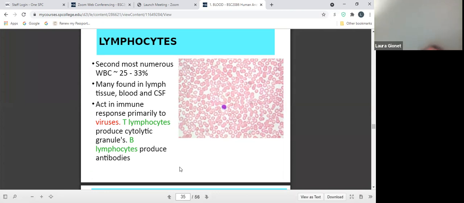We'll get into more of the specificity of their functions when we get to immunology. But right now you can just know that T lymphocytes produce the cytolytic granules, and B lymphocytes produce the antibodies. Then we'll look at how those work when we get to immunology.